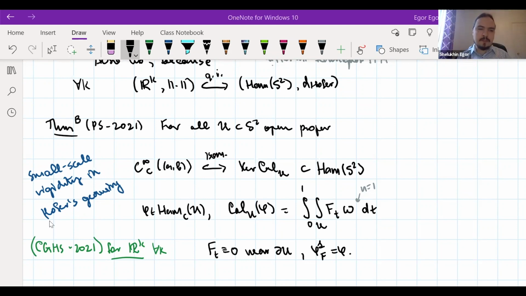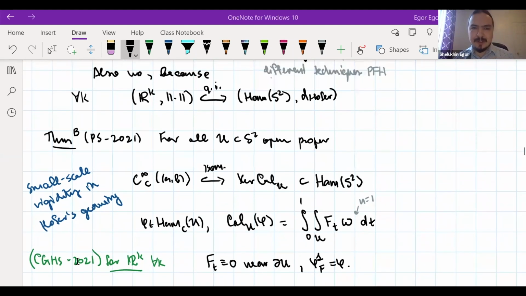And this is some sort of small scale rigidity in Hofer's geometry. So it's small geometric scale, but large Hofer scale. And the same result for R^k for all k was also proven by CGHS, Cristofaro-Gardiner, Humilière, and Seyfaddini.